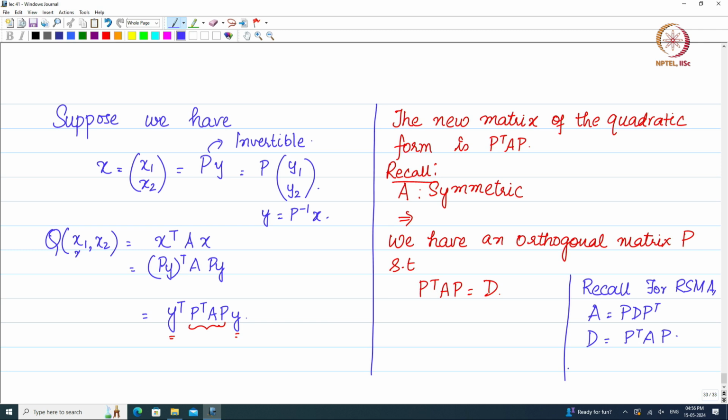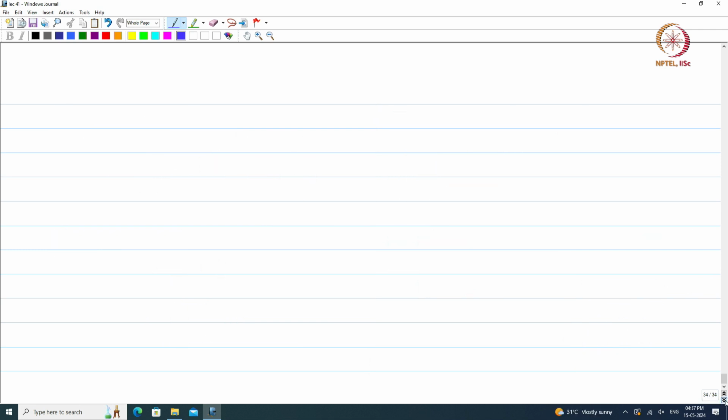So, this fact tells us that y transpose P transpose A P y can actually be written as y transpose D y, with D the diagonal matrix. Right.